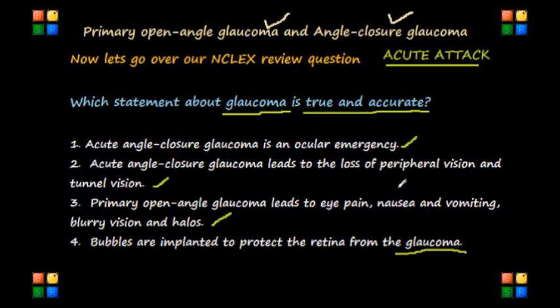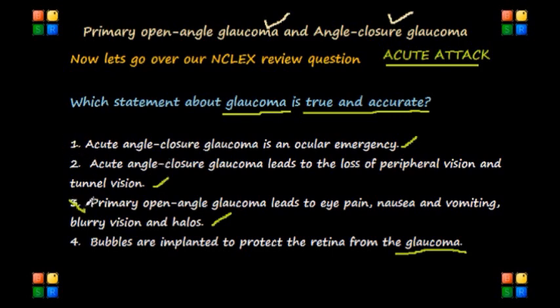If you were listening carefully to my quick previous lecture about glaucoma, you will realize that the correct statement is number one, right? Acute angle closure glaucoma is an ocular emergency, and it is usually characterized by eye pain, nausea and vomiting, blurred vision, and halos, which would make number three a false statement.